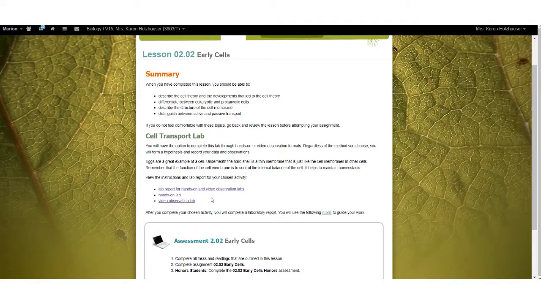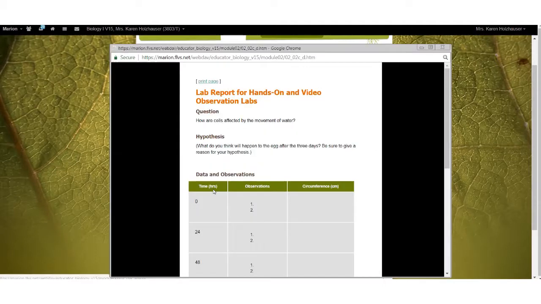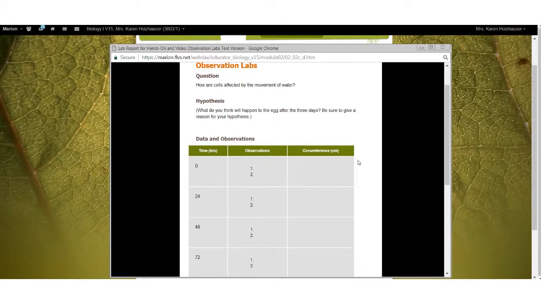Now, there's a lab report that you would do that you click on, and you're going to do that no matter which choice you make. If you do the hands-on, which a lot of my students like to do because it's very simple, they usually have an egg and vinegar in their house, and it takes 3 days, but they like doing it. It's a real simple lab. Or if you do the video, you can do the measurements and observations and all of that.